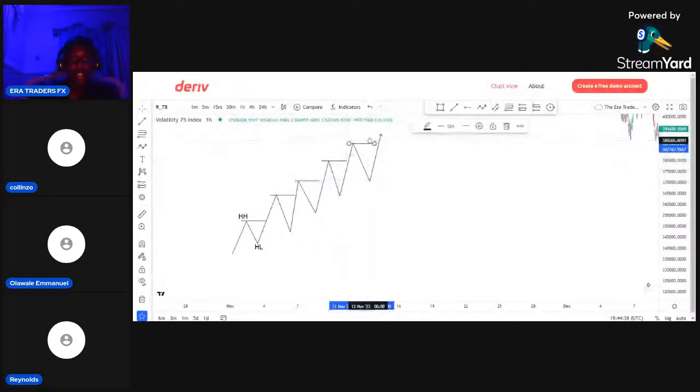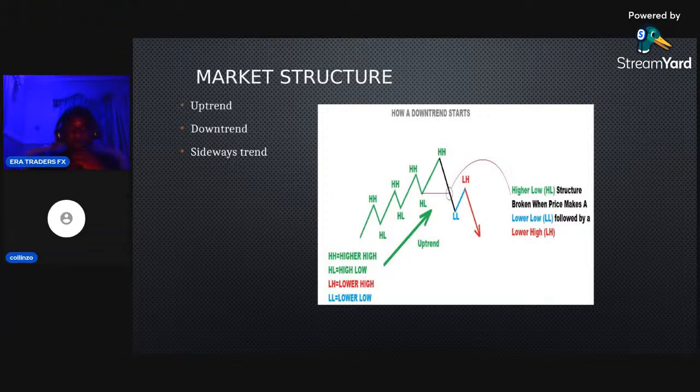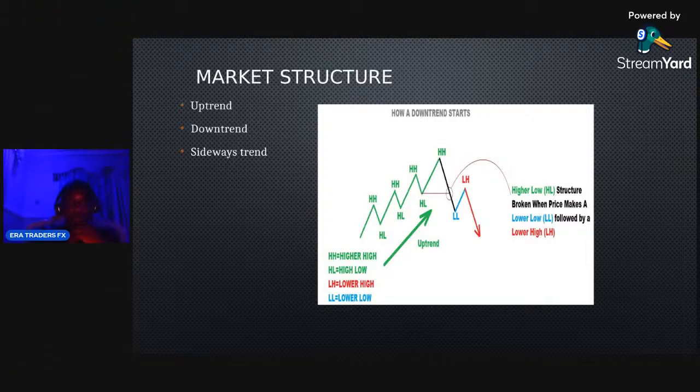All right. So we have a series of higher lows, like we saw. Can you see the slide? In the slide, you have higher low, higher high, higher low, higher high.